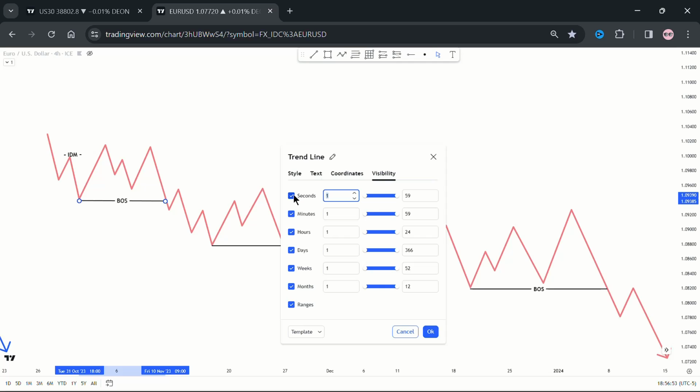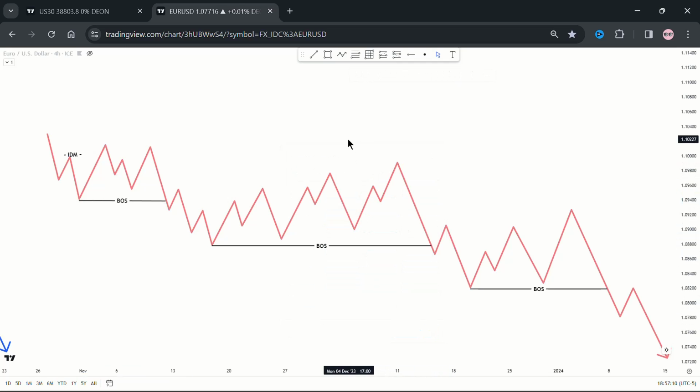You can remove all of these and then just say 4-hour chart, which means these markings are just going to show up on that 4-hour chart, so that when you're marking on your 15-minute chart, it won't be too noisy. Everything will still be clear. If you're looking at a 15-minute chart, these lines on the 4-hour chart will not be shown unless you go to your 4-hour chart. I hope that makes sense.